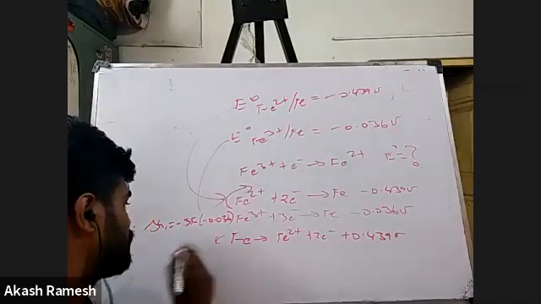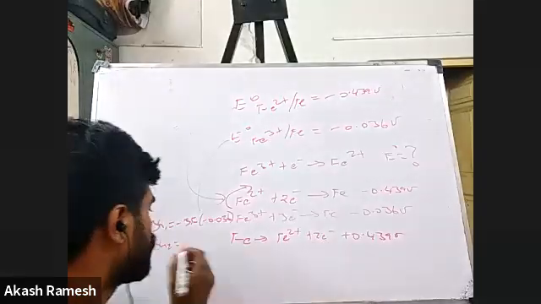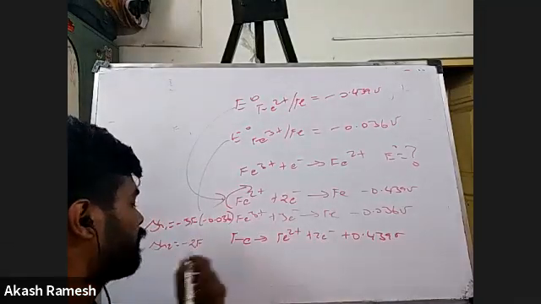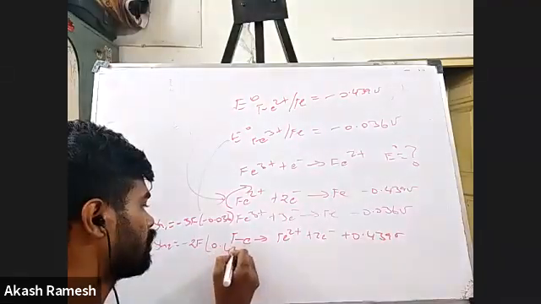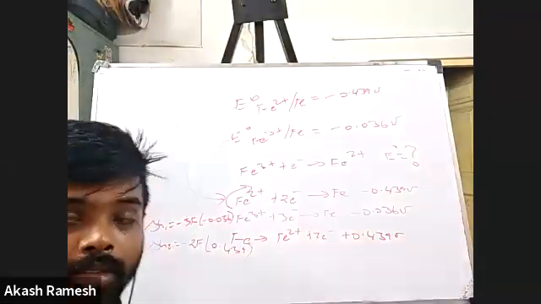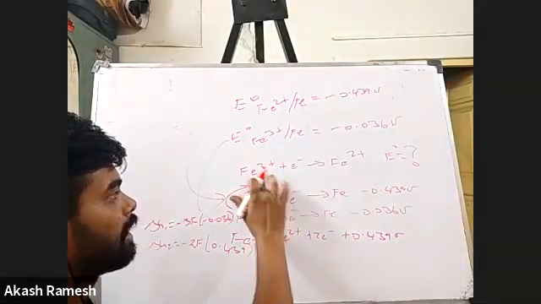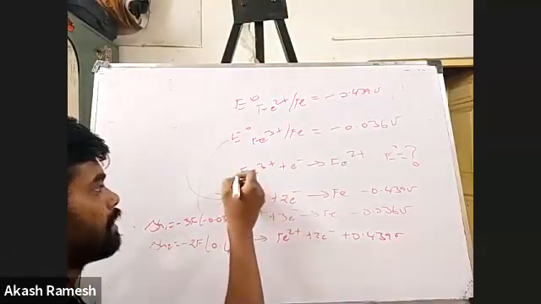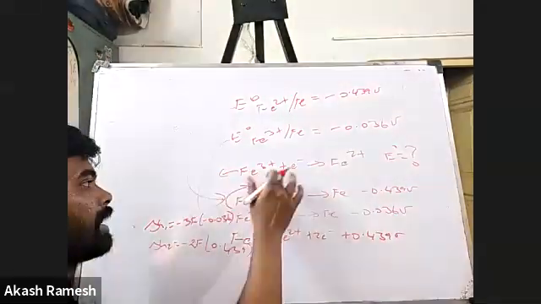And for this, delta G2, how many electrons here? 2 electrons, so minus 2F into what is the value? 0.439 volts. Now when I add these two reactions, I'll be getting this reaction, and for this I'll write the delta G first.